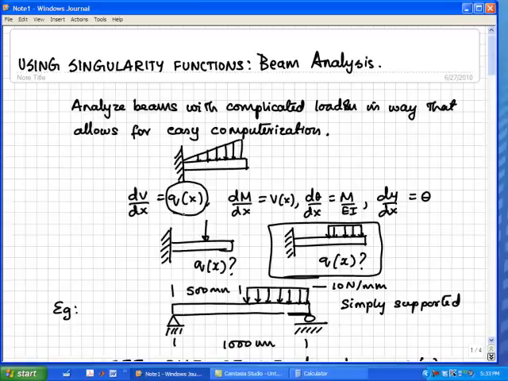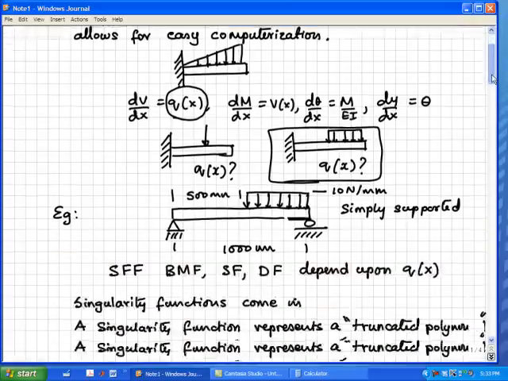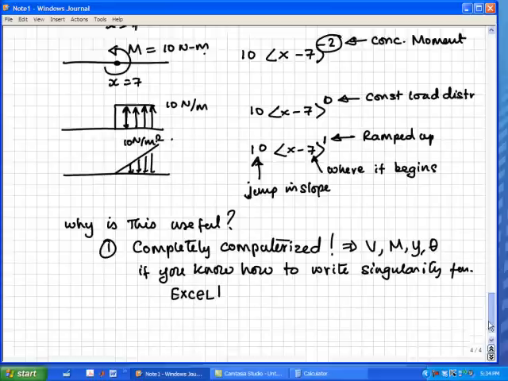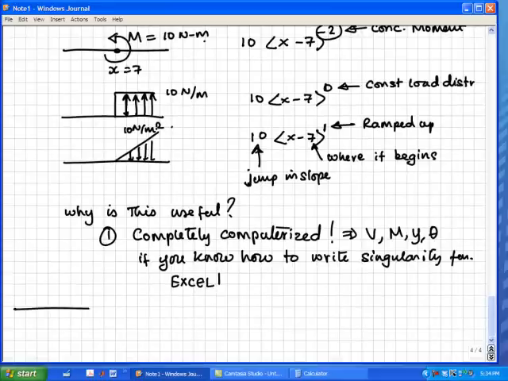Second is doing all the algebraic solutions for finding boundary conditions. Those are the only two things that the computer can do. You have to do the other stuff: assigning boundary conditions and figuring out what Q of x is. That's the real power of this. So I want to show you this power. Let's look at a specific problem.